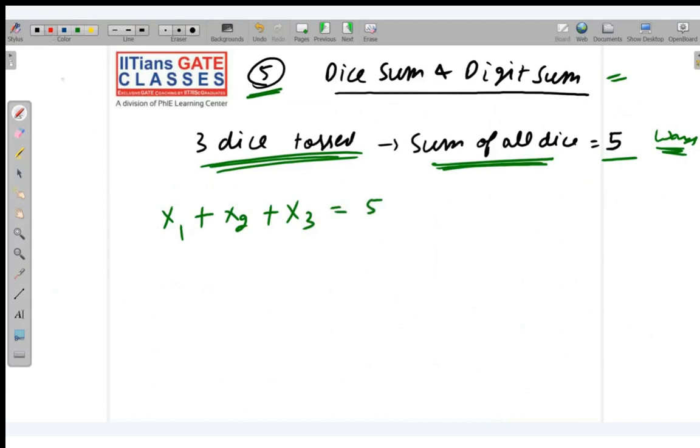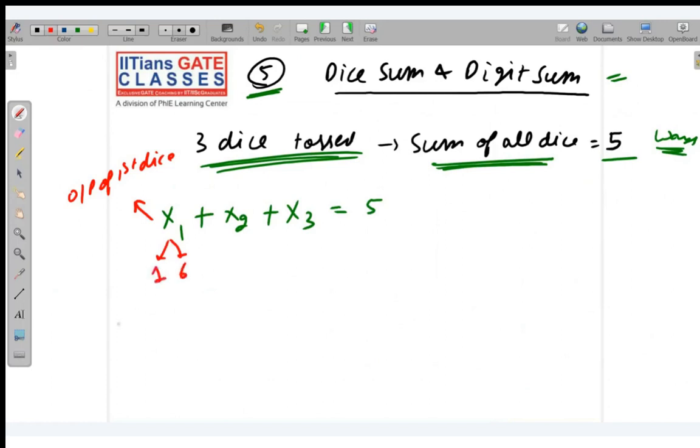So this is the basic difference between the previous problem and this problem. x1 is the output of the first dice, x2 is the output of the second dice, and so on. Now please tell me what are the possible values of x1. Minimum value is 1 to 6.